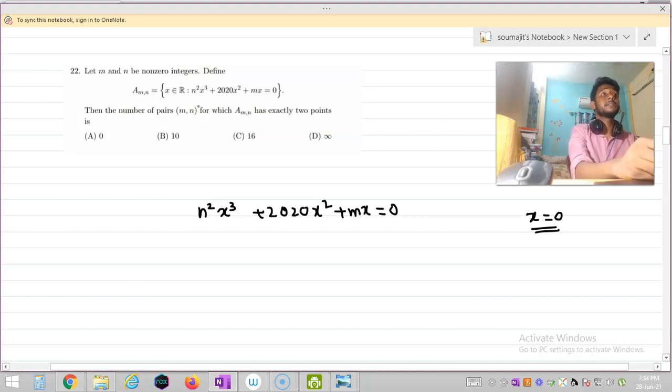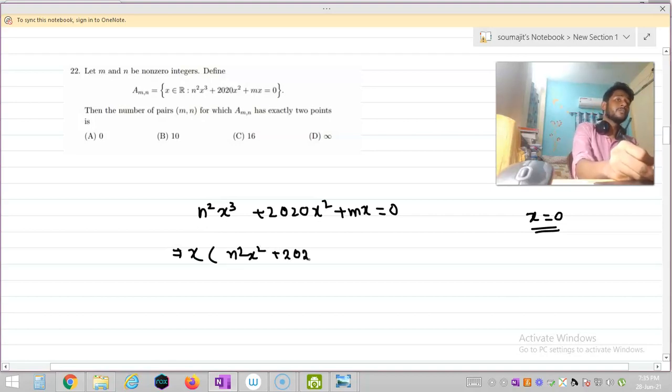It says that A(m,n) has exactly 2 points. It means this equation has exactly 2 solutions. Now taking x as common, I can write it as x times (n square x square plus 2020 x plus m) equal to 0. Now this is a quadratic equation.